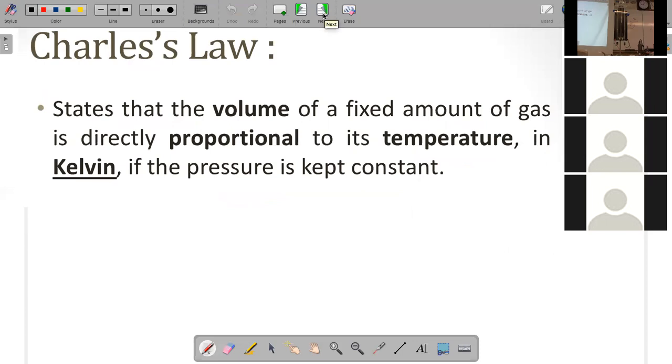All right, so another law, Charles' law. Charles' law is named for Jacques Charles, who's a French scientist. And this description was provided in about the 1780s. So that's about 120 years after Boyle's law.